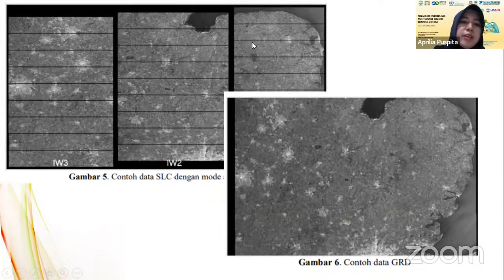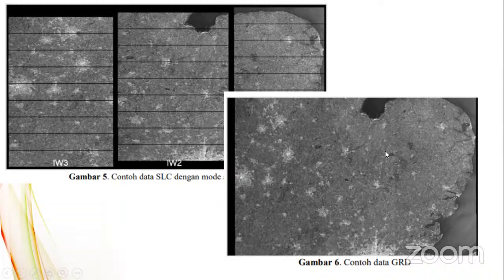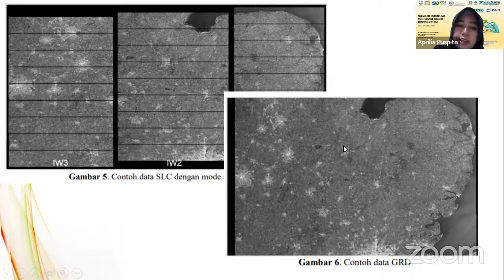We do not have to process the whole scene of the satellite data, but can choose the area of interest, the subswath and the bursts that we will run. This is an example of the GRD image. It has high resolution and usually has information about the amplitude and the backscattering of the radar wave.